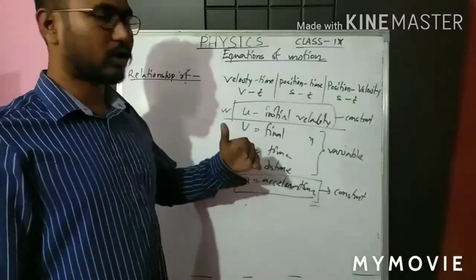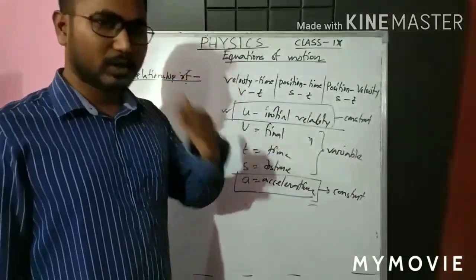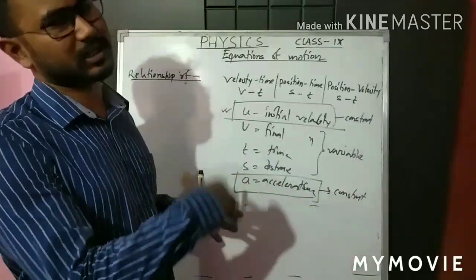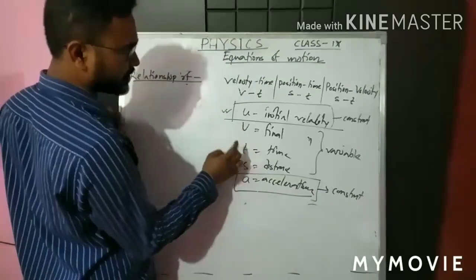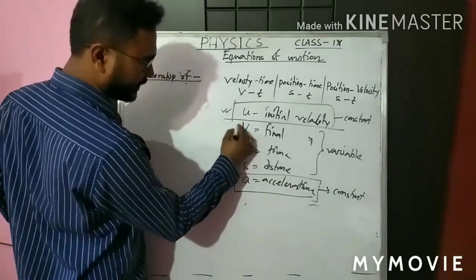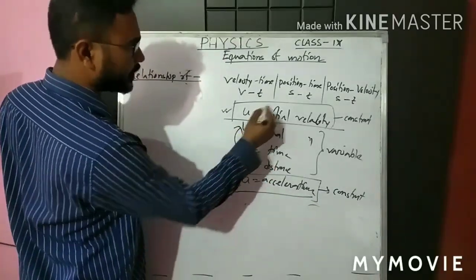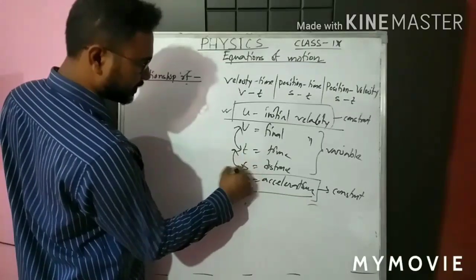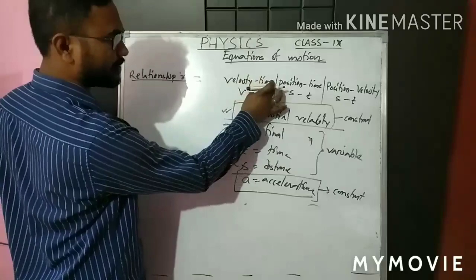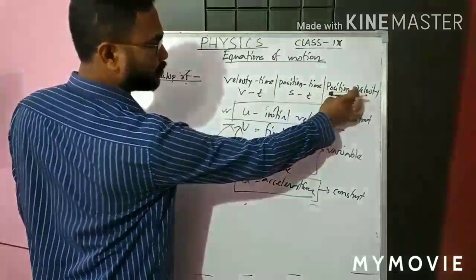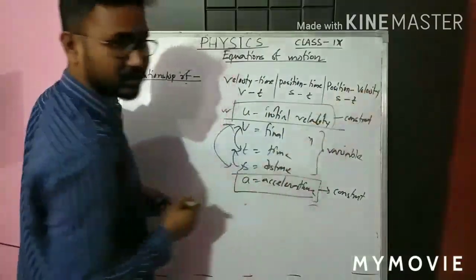And when the object is changing its position, it is covering some distance, so distance will change. Right? That's why here three variables are there. That's why the first relationship we are getting is v-t, the second relationship is s-t, and the third relationship is v-s. That's why we are getting the velocity time relationship, the position time relationship, and the position velocity relationship.